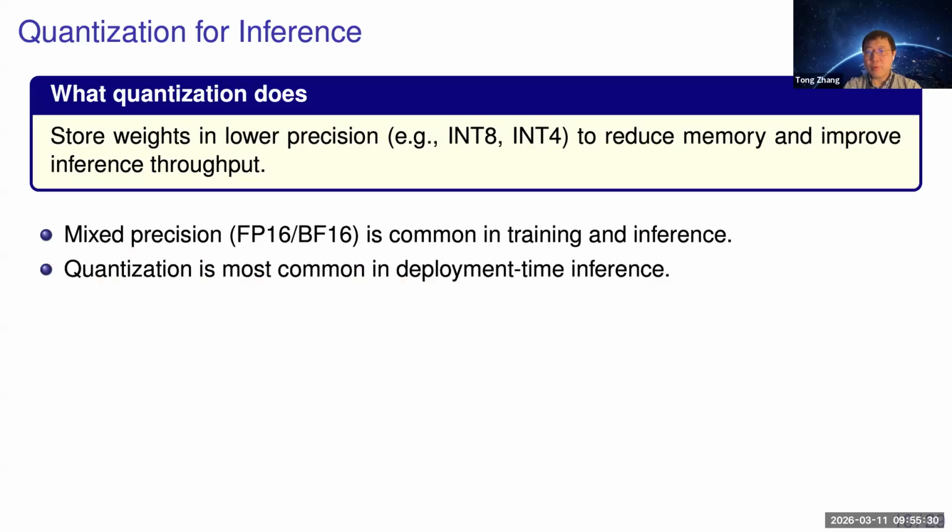Lower precision, like quantization, means you are not using even 16 bits, you are using 8 bits or 4 bits. These are common in deployment inference. Later, we will see in QLoRA that it combines this in training, because part of the model is frozen and used for inference only.